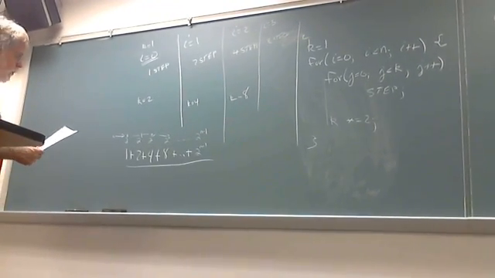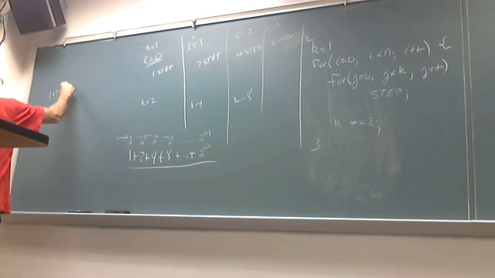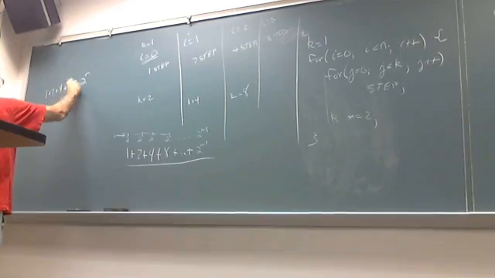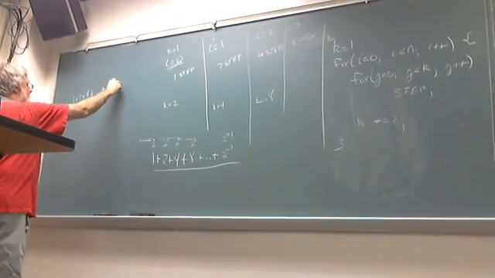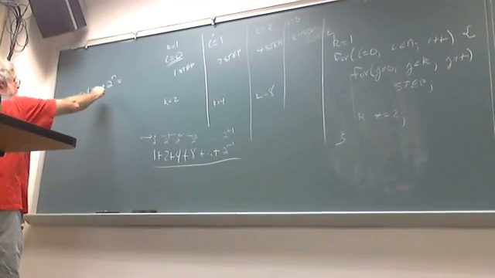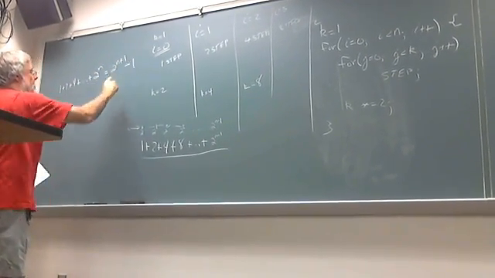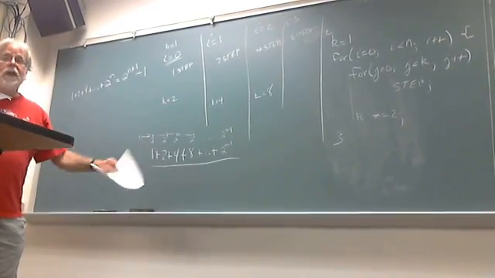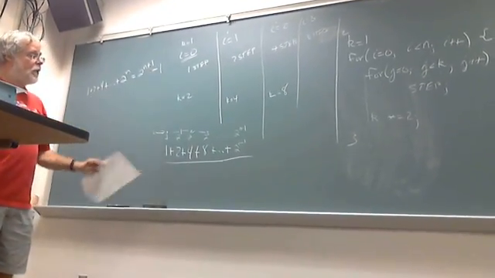how does that compare with our formula? 1 plus 2 plus up to 2 to the n. You add up the first n plus 1 powers of 2, starting off with 2 to the 0, and you get the next larger power, but minus 1. So what's the answer going to be here? We could use this and subtract off something.